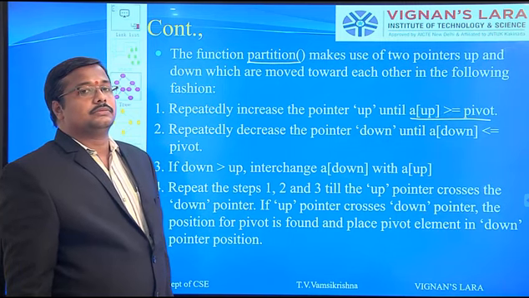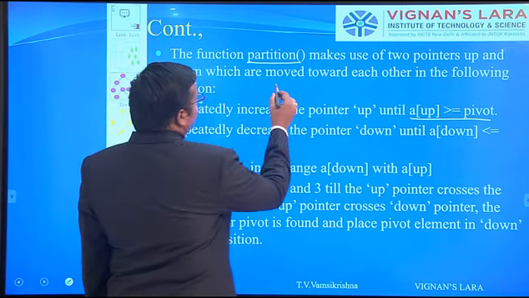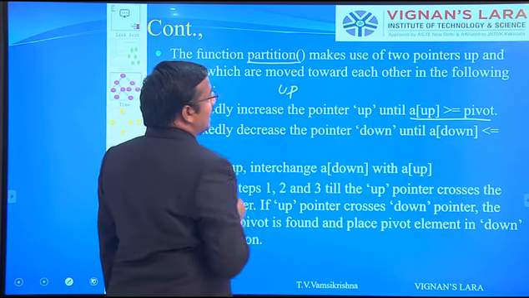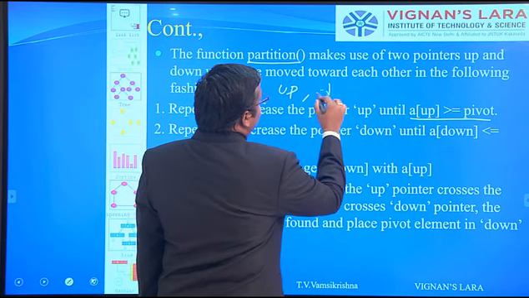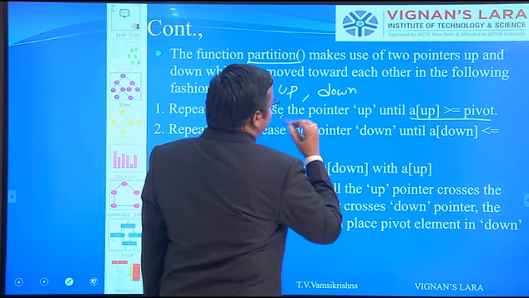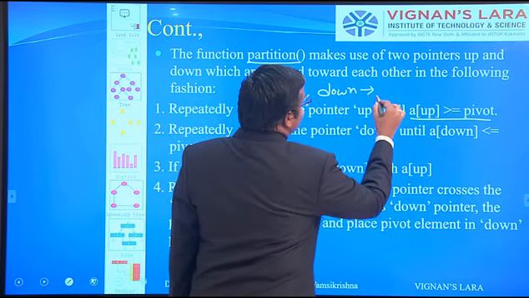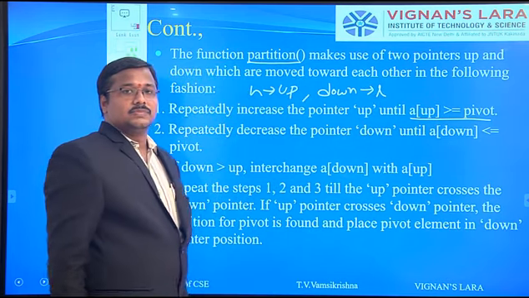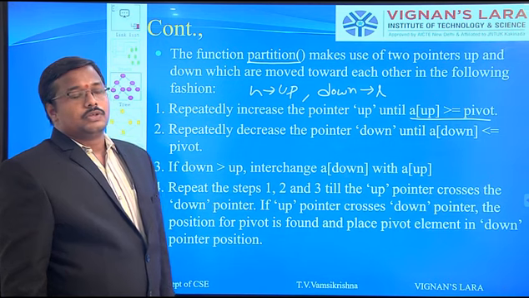Here two pointers are there, one pointer is up and another pointer is down; sometimes they are called low and high.